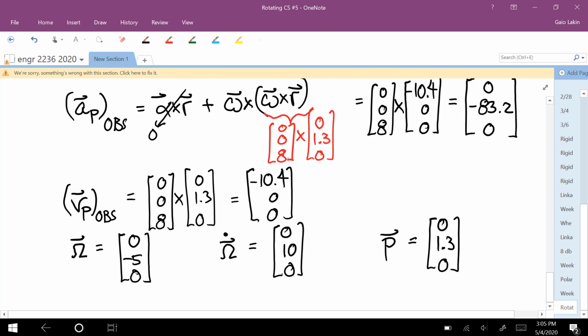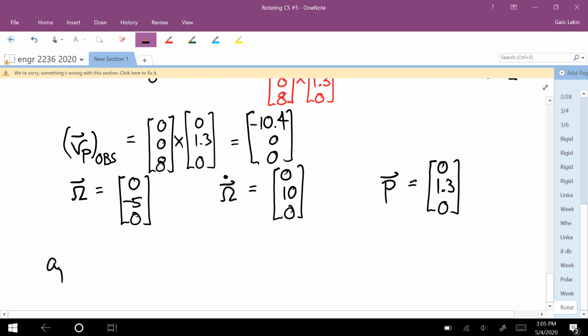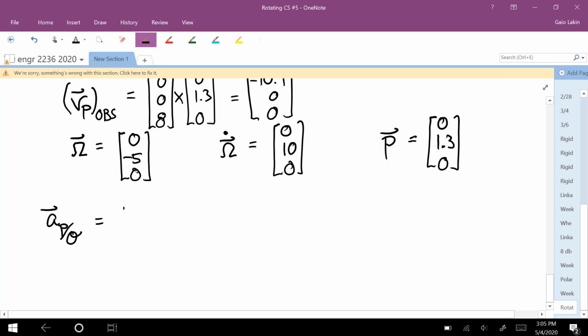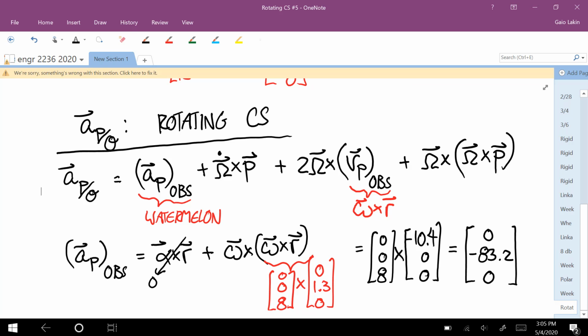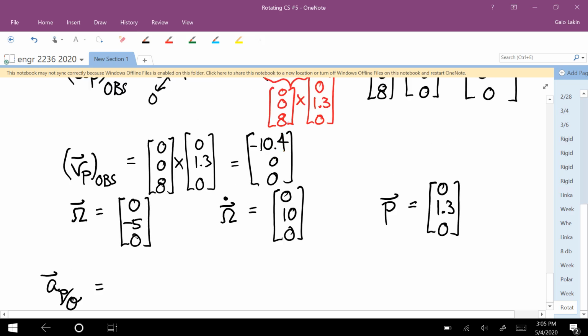Okay, let's put it all together. So we're going to this big rotating coordinate system equation. So the acceleration of p relative to the origin, first, is equal to the observed acceleration of p in the coordinate system.